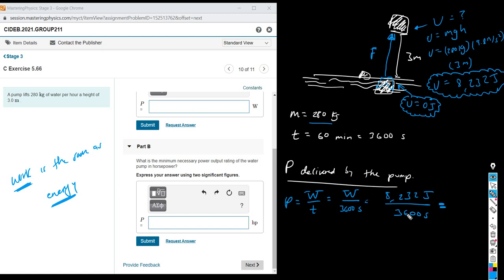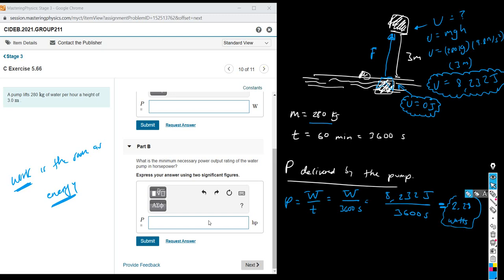We're going to get 2.28 watts. Remember that the unit of power is watts. So this is the power, guys. This is the value that should be written right here.